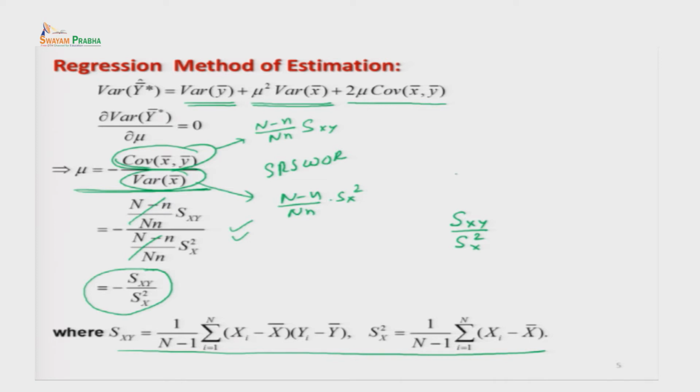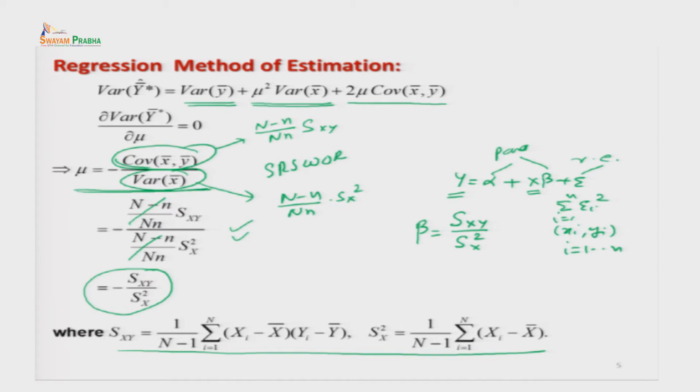If I take a linear equation, something like y equals alpha plus x beta plus epsilon, where y is your study variable, x is your auxiliary variable or independent variable, alpha and beta are the regression parameters, and epsilon is the random error, then if you minimize the quantity summation epsilon i square, i going from 1 to n, on the basis of n pairs of observations xi, yi, i going from 1 to n, the value of beta will come out to be like this.